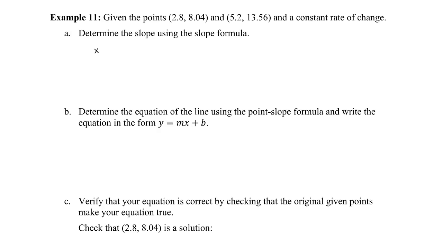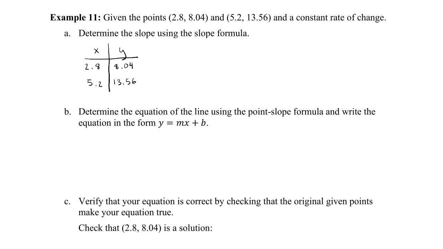So I think the easiest way to look at this is to put these into a little table. When x is 2.8, y is 8.04. When x is 5.2, y is 13.56.